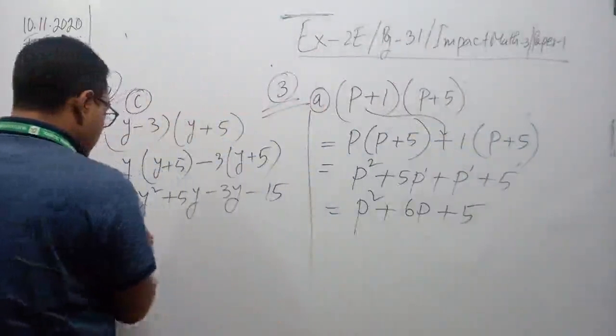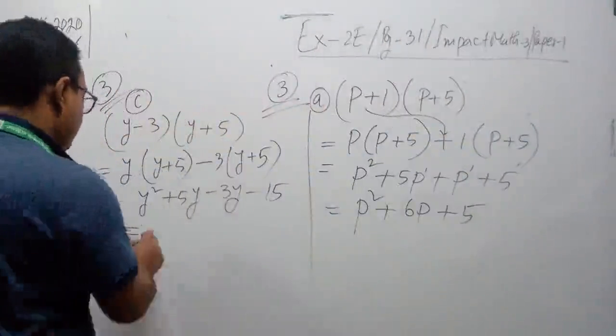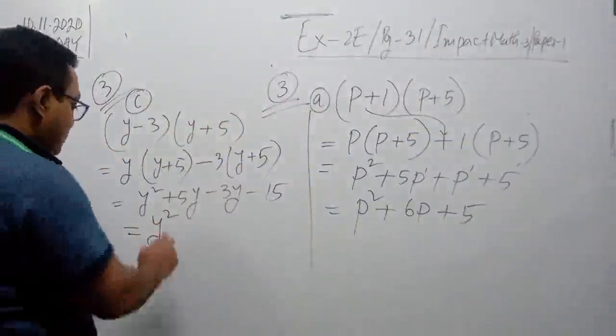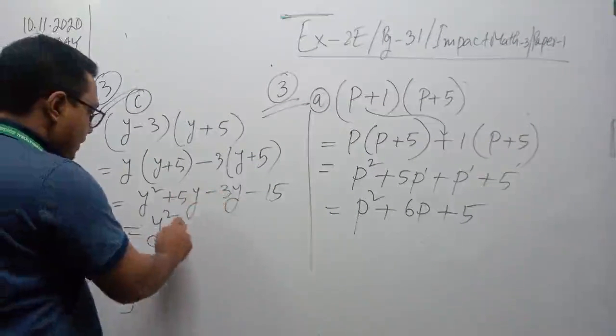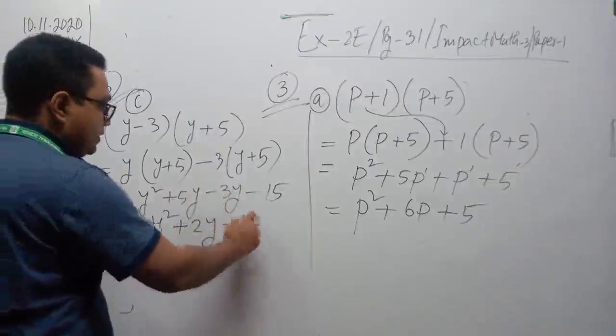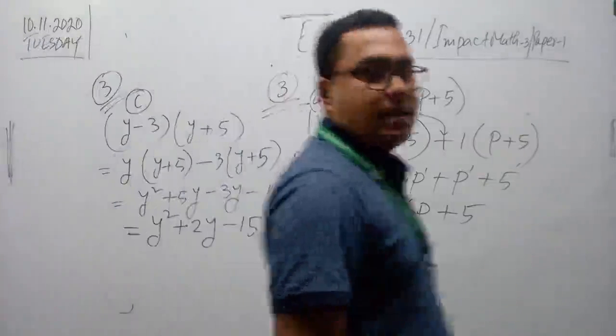Now, here y square, 5y minus 3y, it is 2y, minus 15. That is the answer.